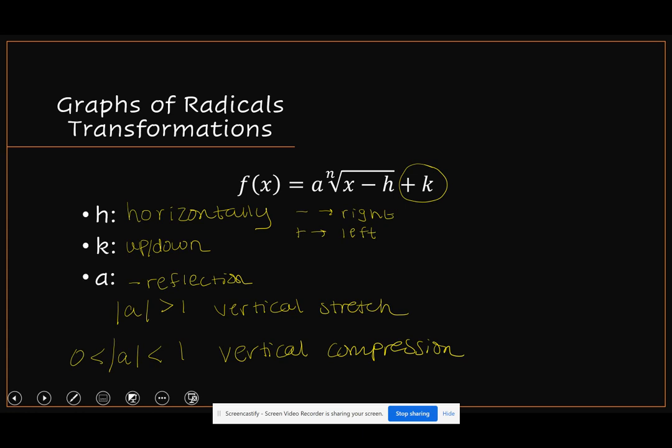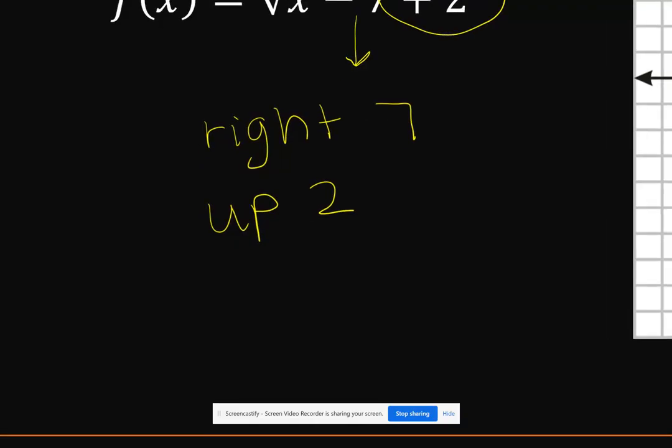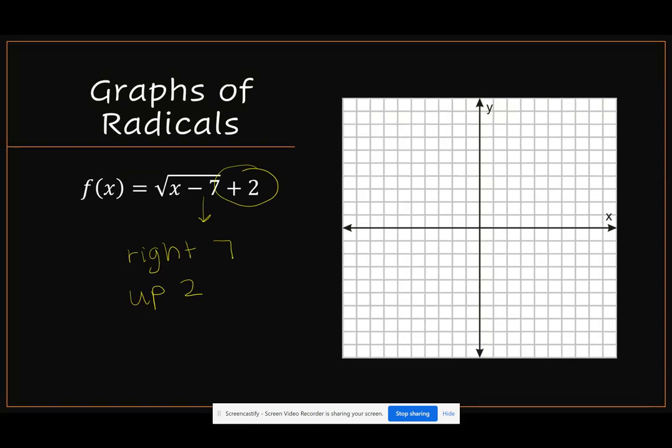We're going to be dealing with the same type of thing. So for example, if we look at f of x equals the square root of x minus 7 plus 2, this minus 7, the h, means that it goes right 7. And then this plus 2 means that it goes up 2. So it's the square root function. So that graph will look like this.